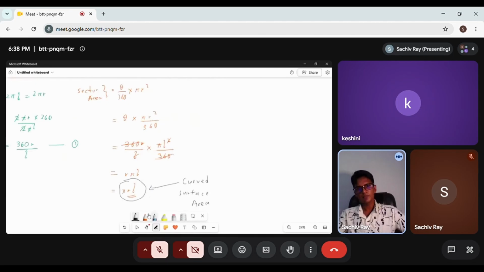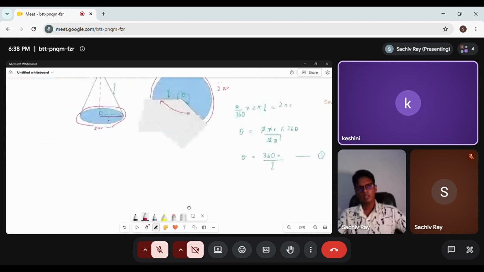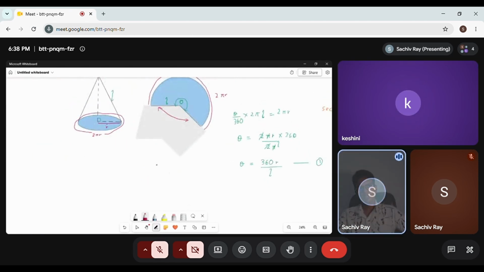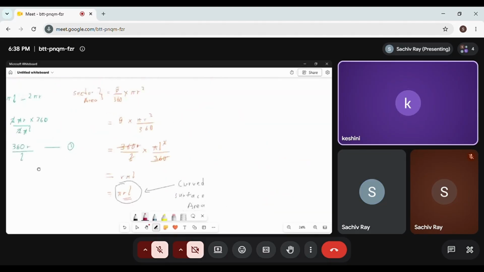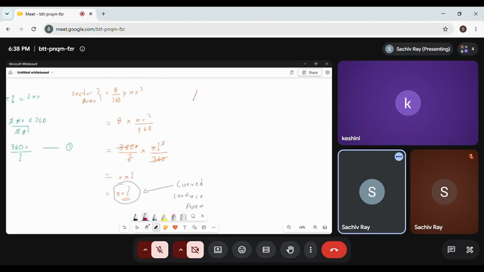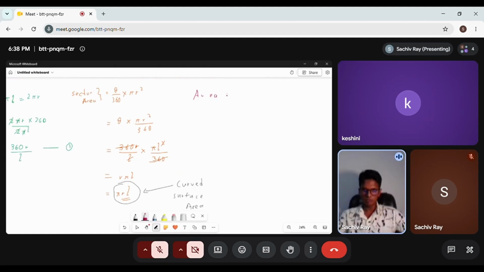Now you tell me, what is the area of the circle? That should be easy, right? The circle we found. Radius is r. What is the area? Pi r squared. So I'm just going to write area of base will be equal to pi r squared.